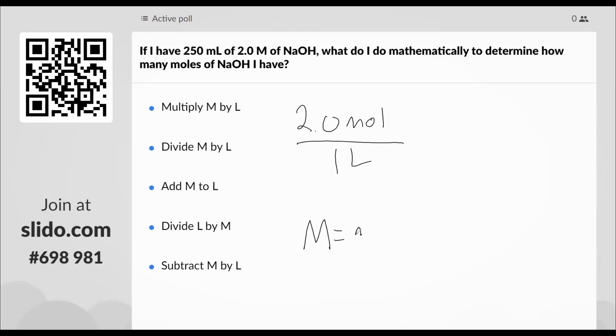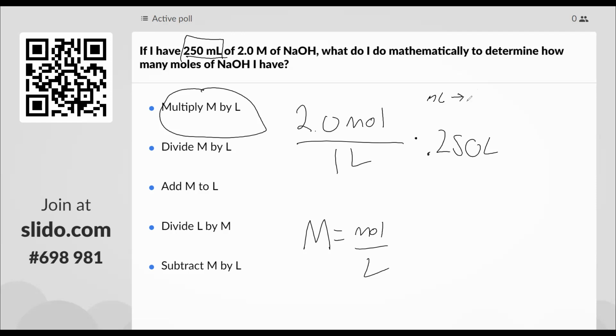Big M, molarity, equals moles divided by liters. To get moles by itself, you have to get rid of those liters, and the way you do that is you multiply your molarity by your volume in liters. So you multiply 2.0 by 0.250 liters. The reason it's 0.250 is because I converted milliliters to liters. There are 1,000 milliliters in 1 liter.